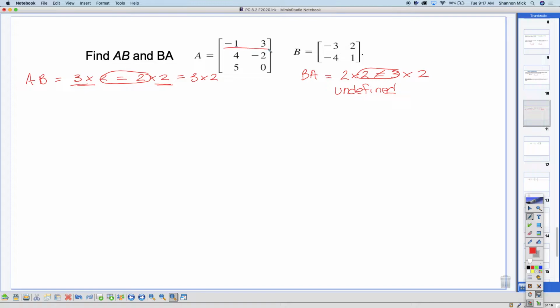Okay, so we are going to take the first row times the first column, and then times the second column. So AB is going to be -1 times -3 plus 3 times -4.